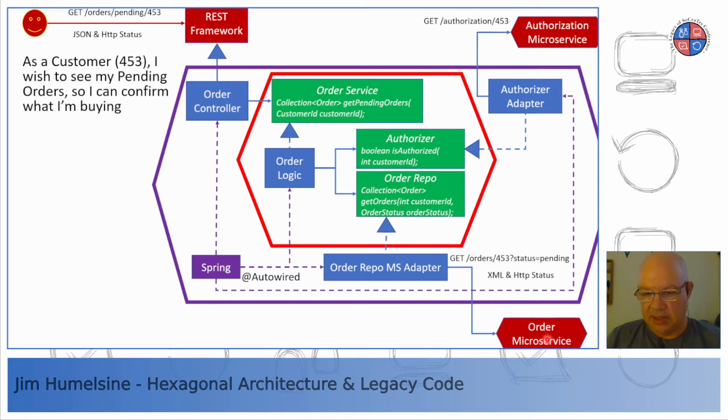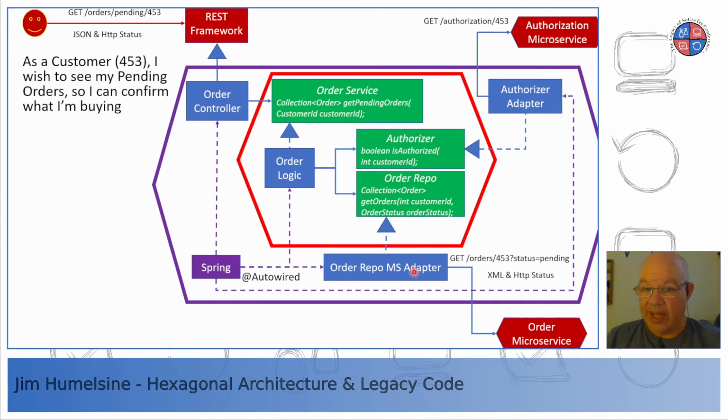It goes out and gets the information. It comes back as XML. And what I want to emphasize is the user is going to get their information back in, let's say, JSON. It came from the order microservice as XML. So this is where some of the translation happens in this adapter. It's going to get an XML version of the order.